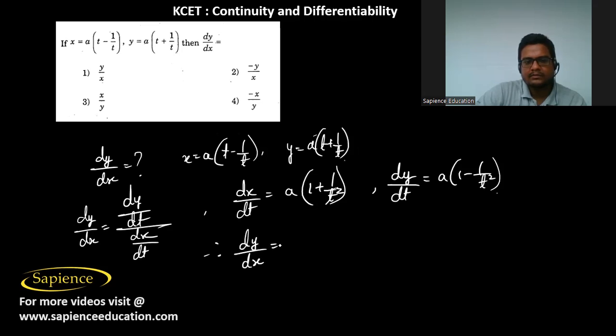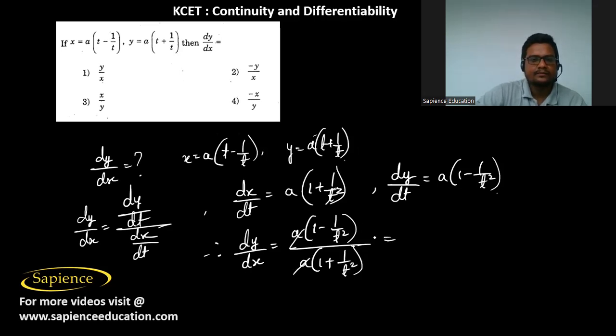So dy by dx will be equal to dy by dt, which is a into 1 minus 1 by t square, divided by dx by dt, which is a into 1 plus 1 by t square. So they will cancel out.